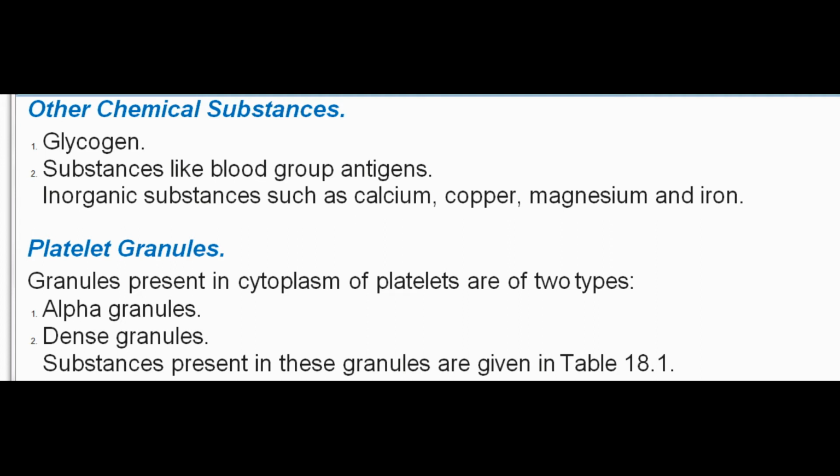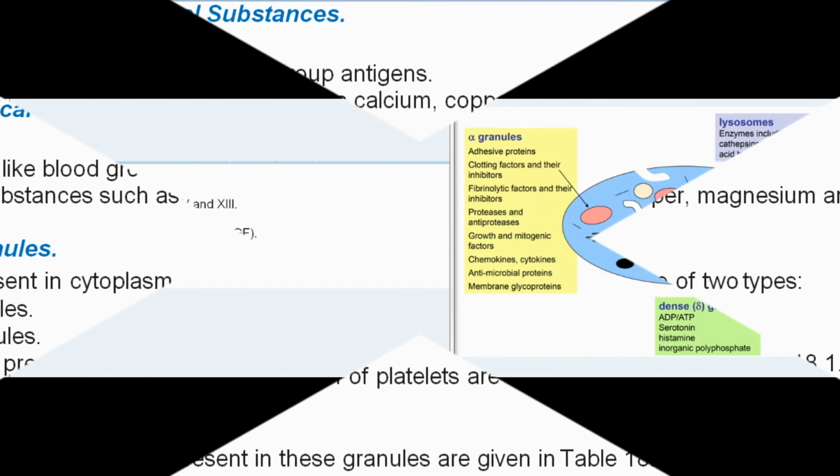Platelet granules. Granules present in the cytoplasm of platelets are of two types: alpha granules and dense granules. Substances present in these granules are given in Table 18.1.